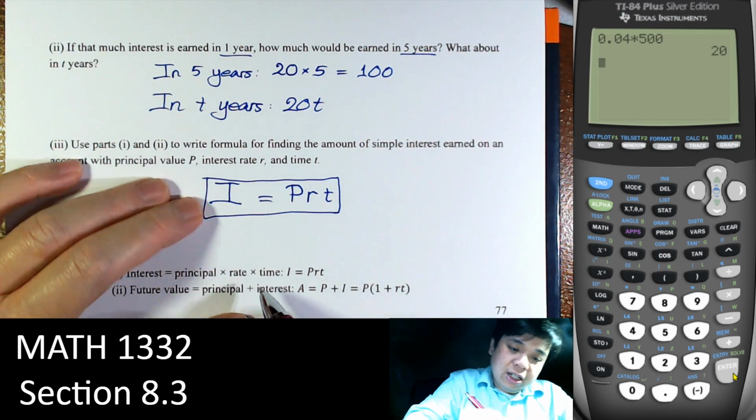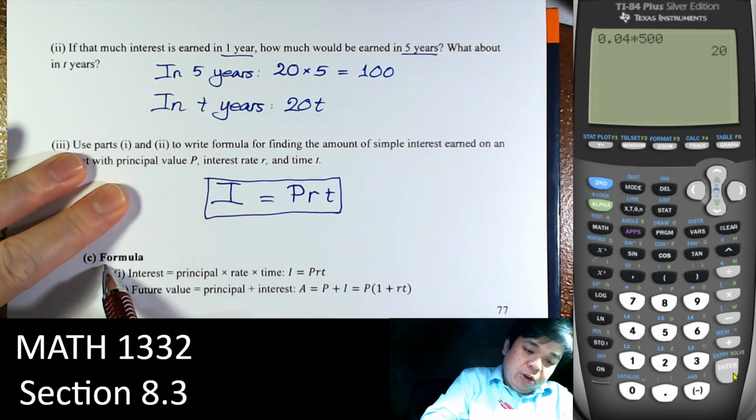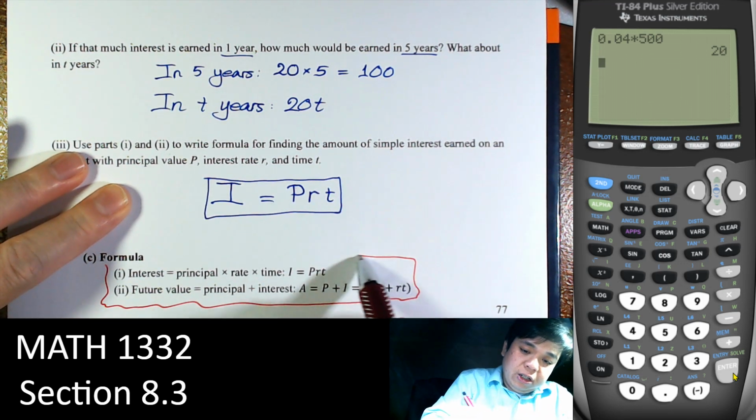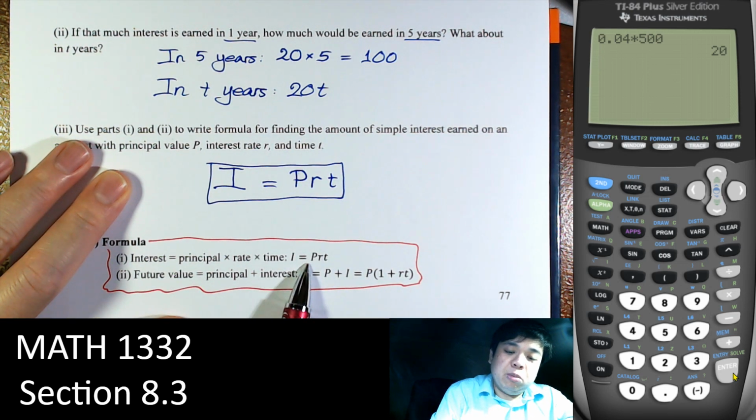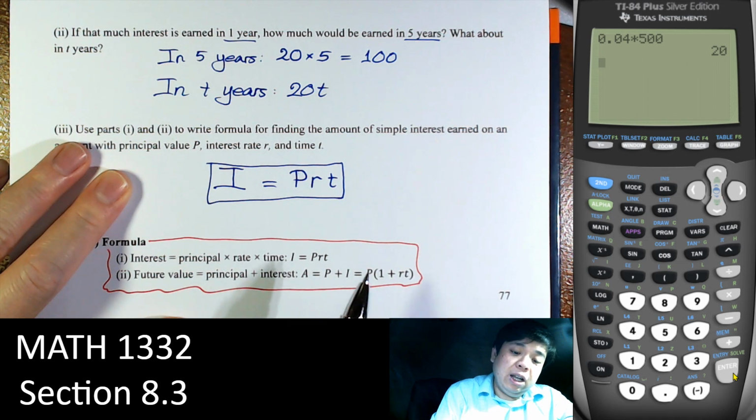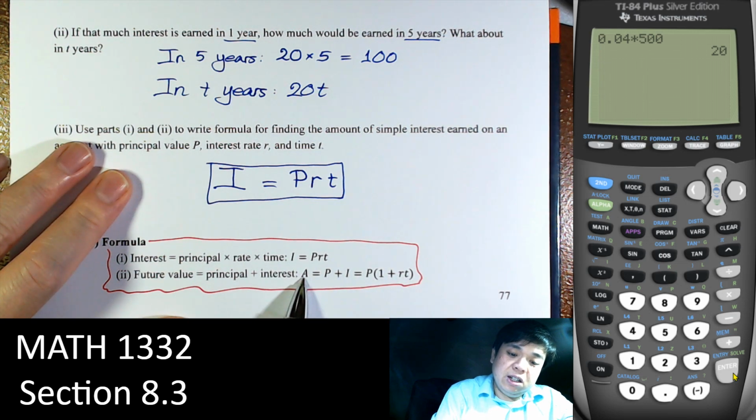So we have the formula: interest equals principal times rate times time, and the interest plus the original principal gives us the future value.